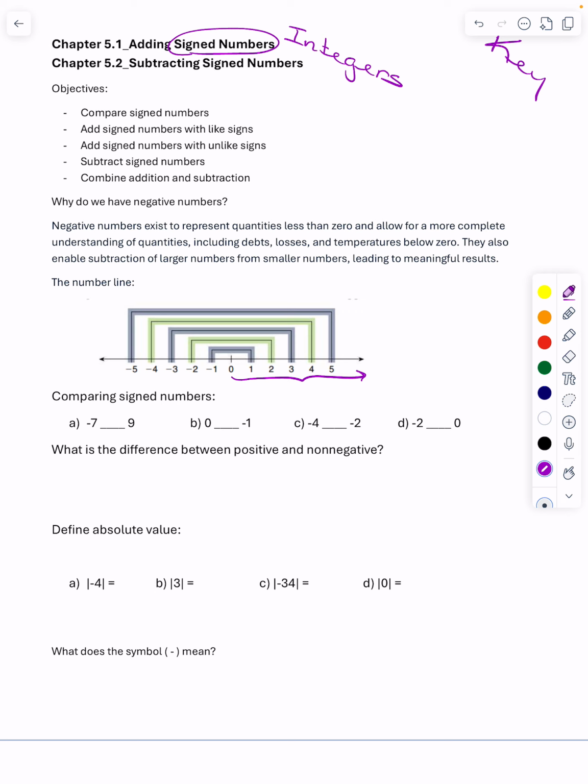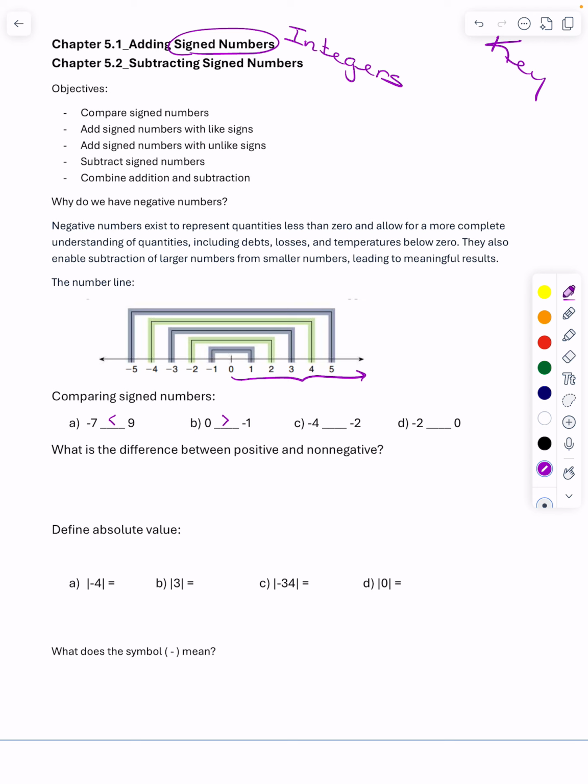So by default, any positive number is going to be greater than the negative. So -7 is less than 9. For B, 0 is to the right of -1, so 0 is larger than -1.